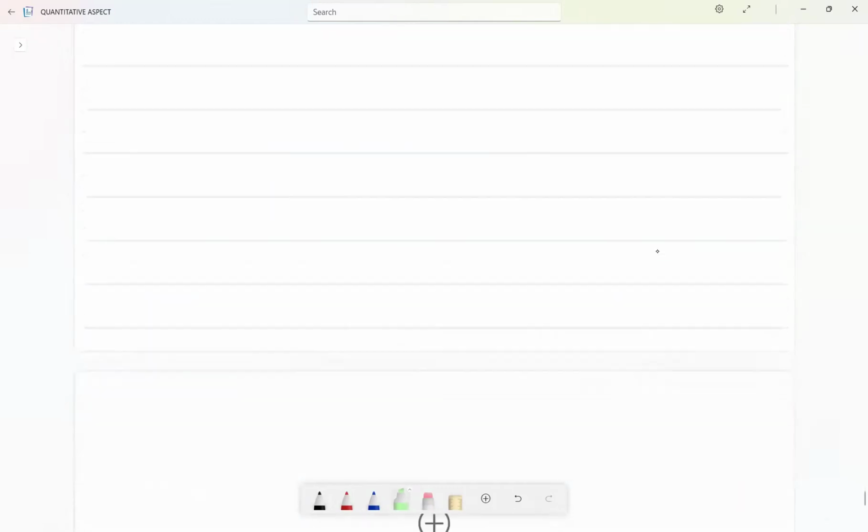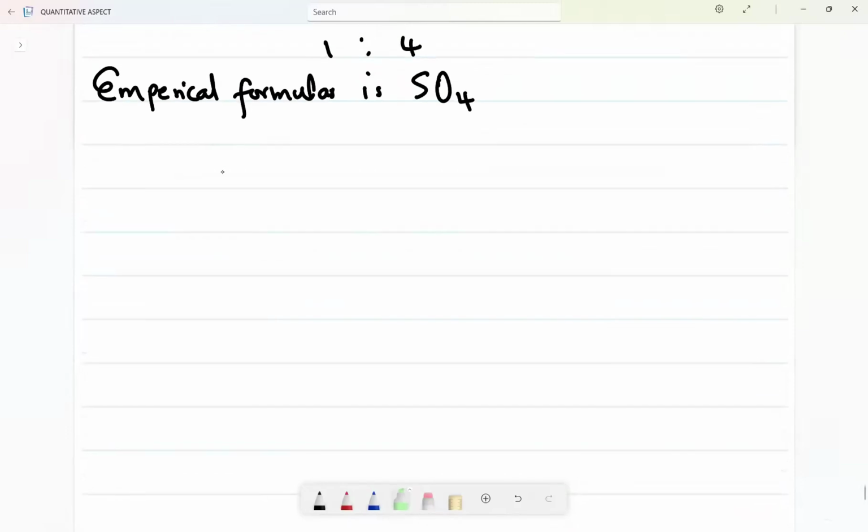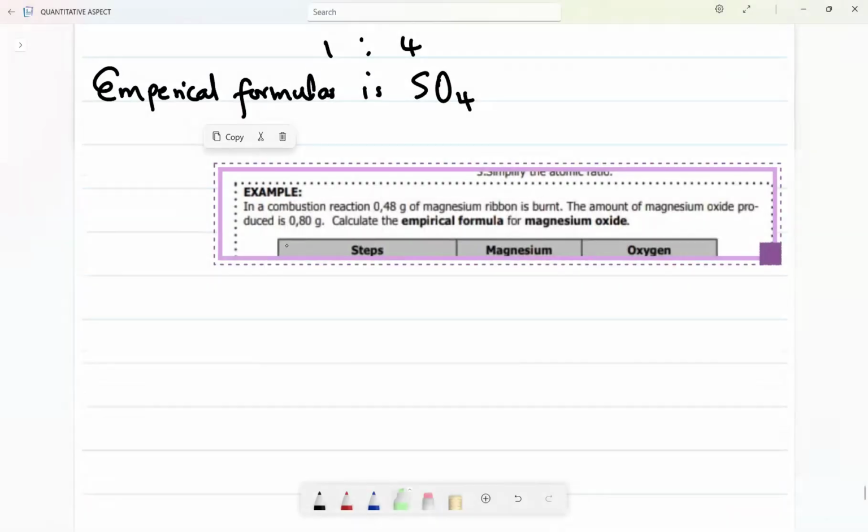Let's look at the second example that you might come across.